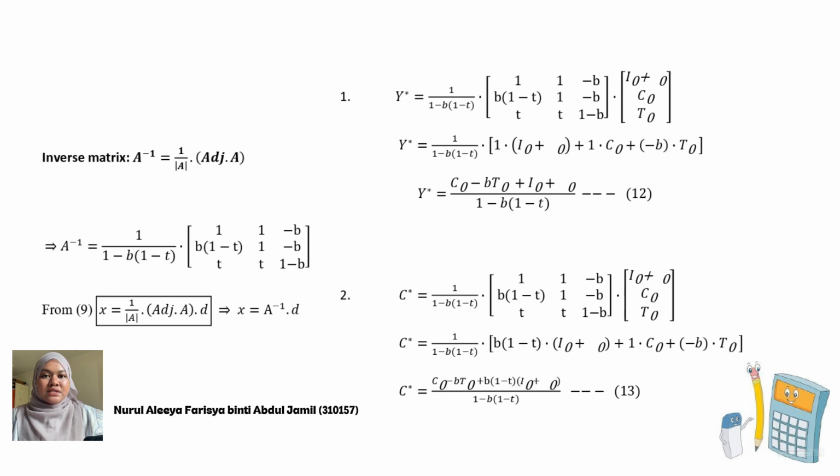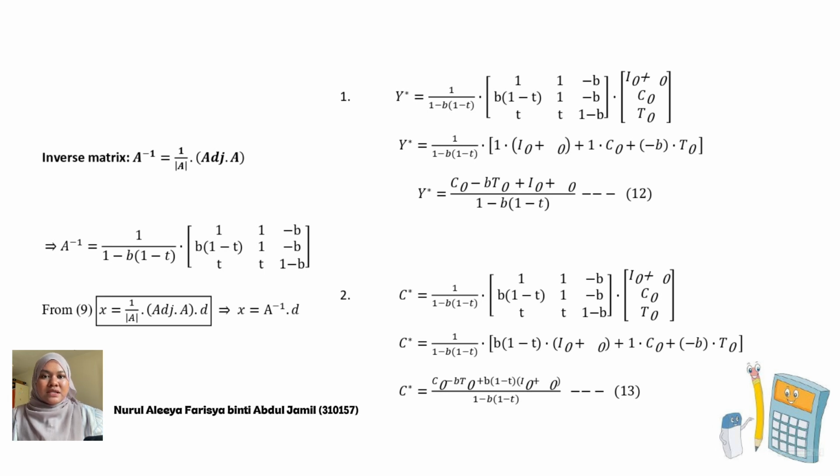To find C star, we use the second row of our adjoint. We multiply b times the quantity 1 minus t by the autonomous spending, then add 1 times C sub 0 and negative b times T sub 0.